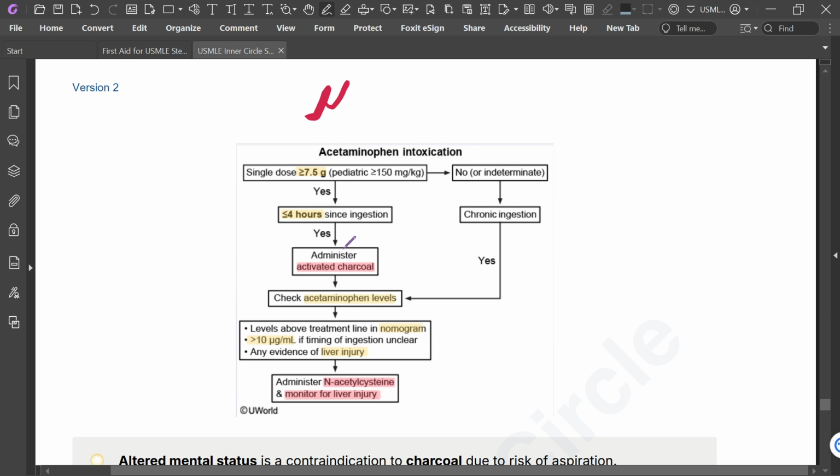If single dose and less than 4 hours since ingestion, give activated charcoal and check the acetaminophen level.